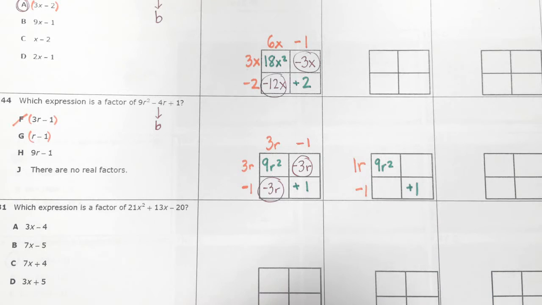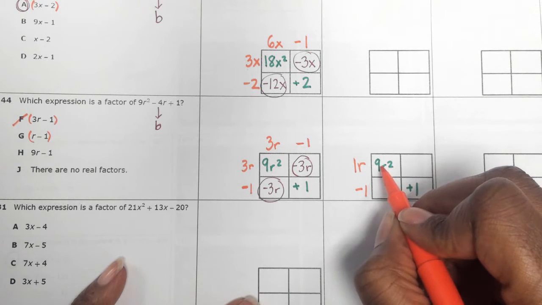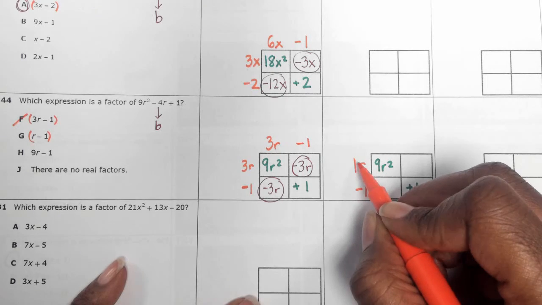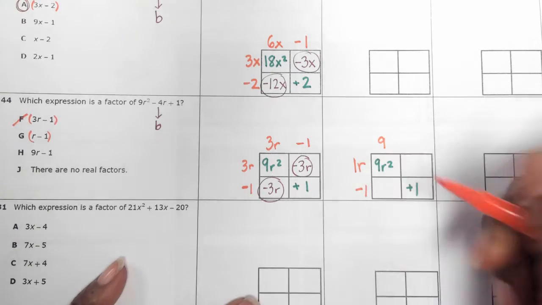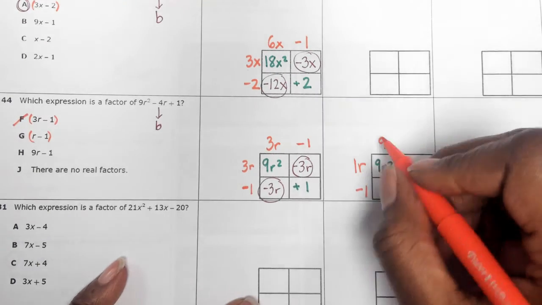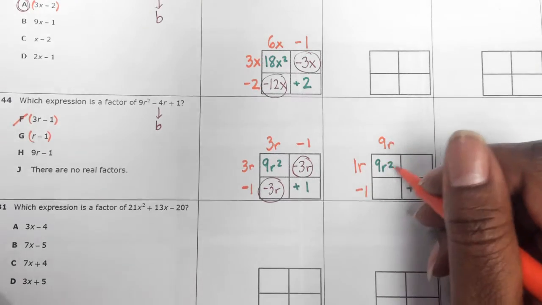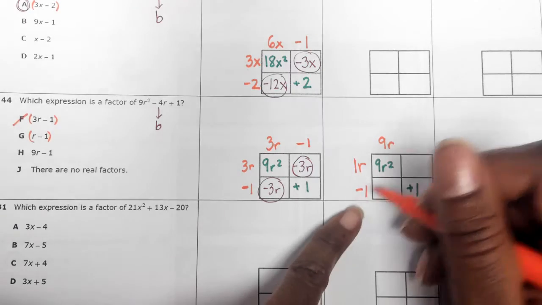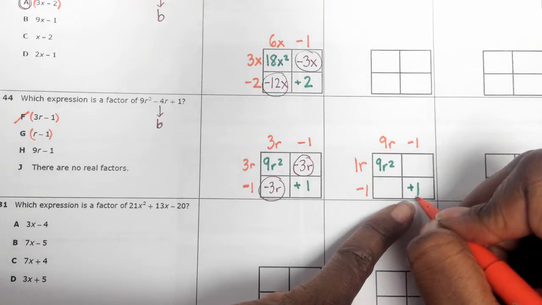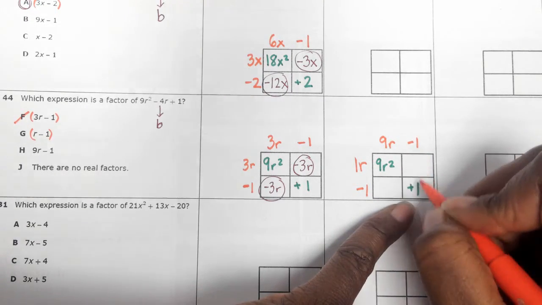That's fine. So 9 divided by 1 is 9. And then r times r is the only way to get an r squared, just like x times x is x squared. And then negative 1 times negative 1 is the only way to get a positive 1.